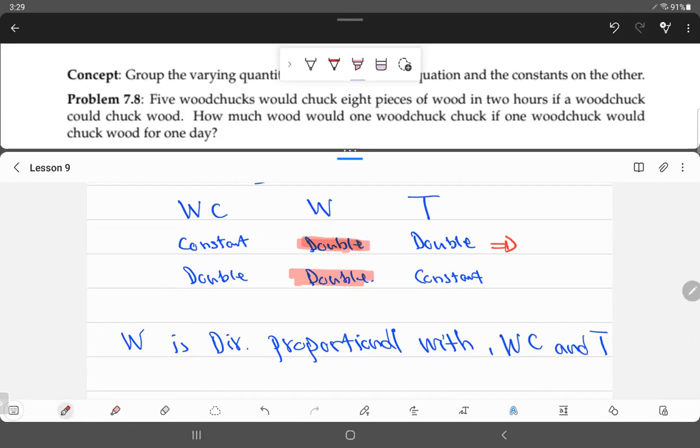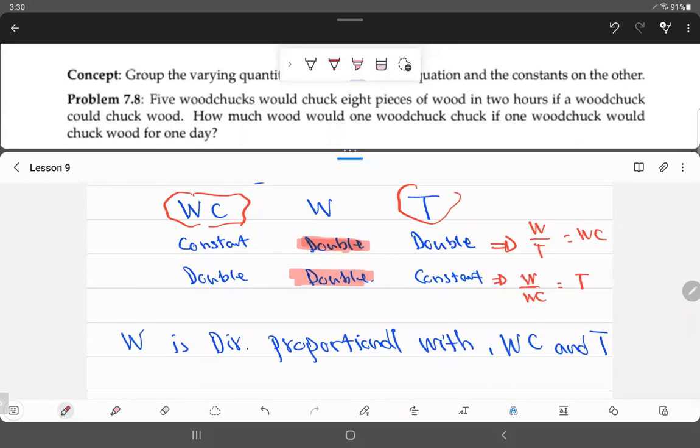What is the relation between W and T? It's a direct relationship, right? If you divide W by T, you get WC, constant. Or T divided by W, you get constant. The same thing here: W divided by WC equals T, constant.